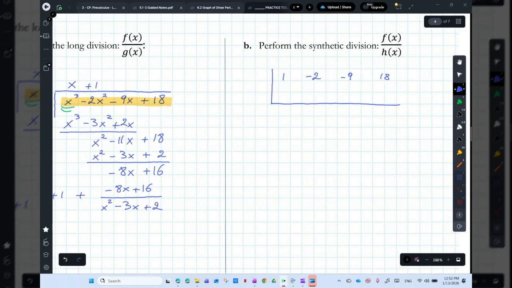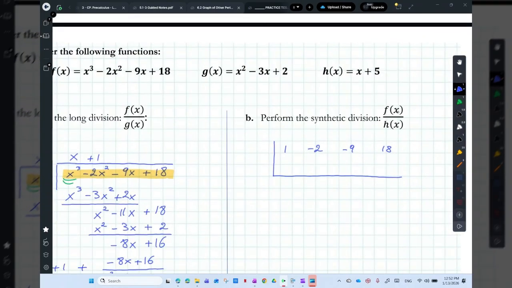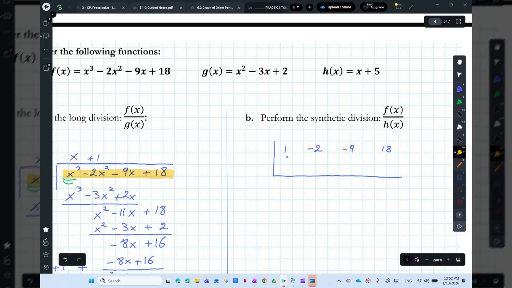Part B, I need to perform the synthetic division, f of x over h of x. So I'm going to take each of the coefficients of f of x.